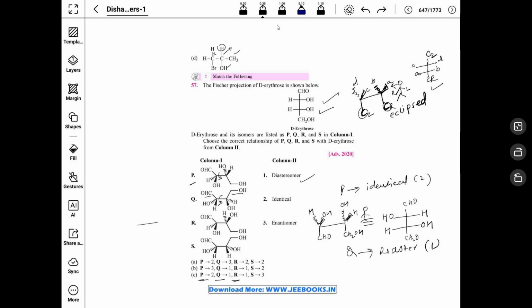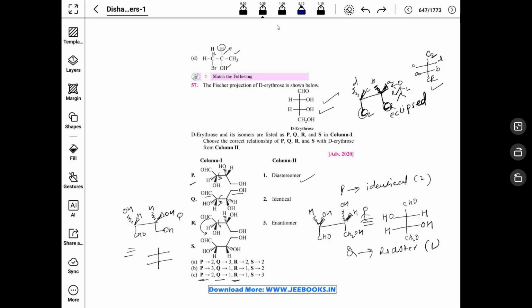R, same. Bring the aldehyde down by rotating around this bond. So the aldehyde is down. This is OH. This is hydrogen. This is OH. And then when the aldehyde is brought down, OH is going away, hydrogen is towards your side. So now what will be the Fischer projection?